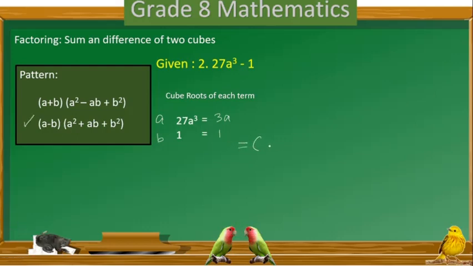Open parenthesis. The value of A is 3a, minus the value of B, which is 1.